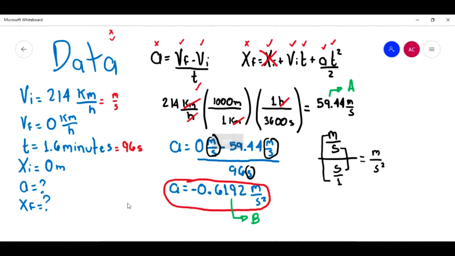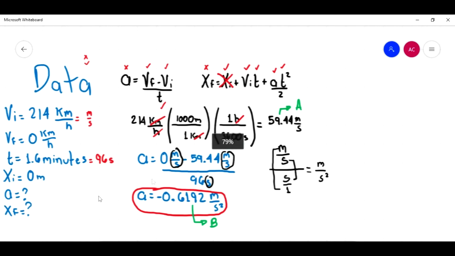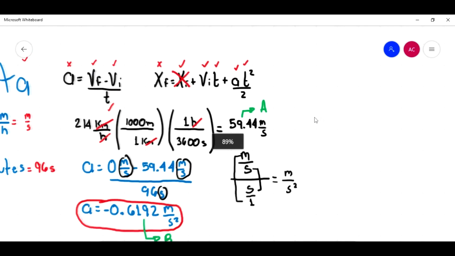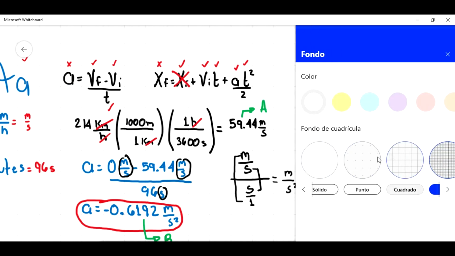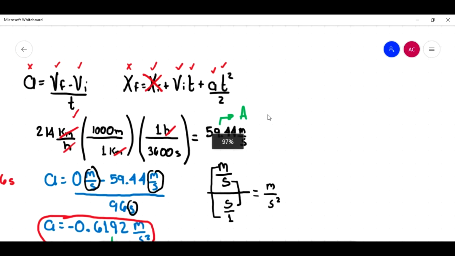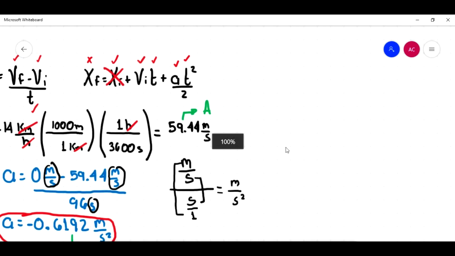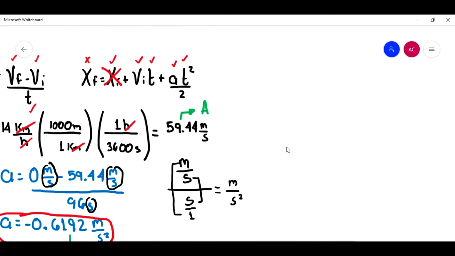I'm gonna write the equation here. Let's see, I just wanna erase the grid. Okay, so I'm gonna write the equation again, the equation that I'm finally going to use. Final position equals the initial velocity multiplying time plus the acceleration that multiplies the time squared over 2.